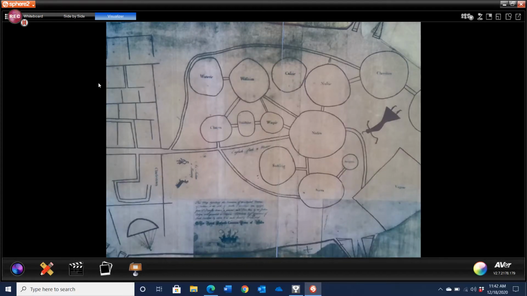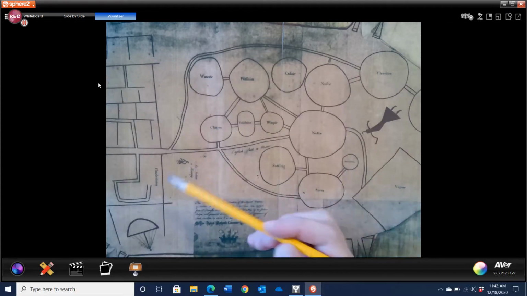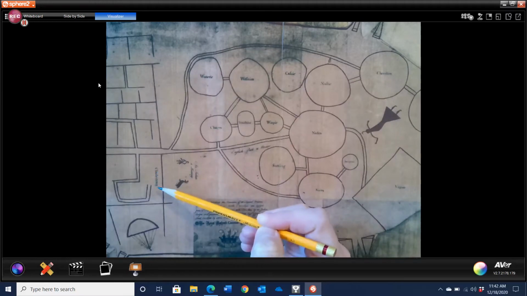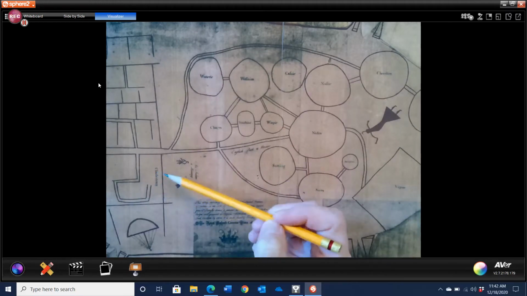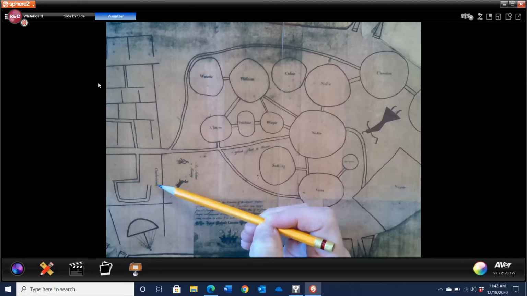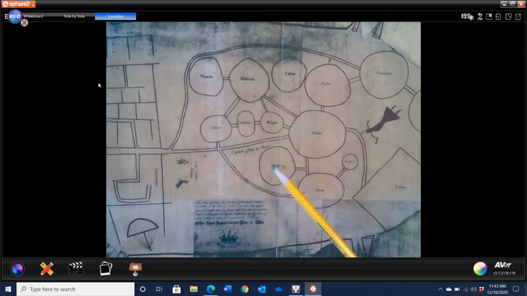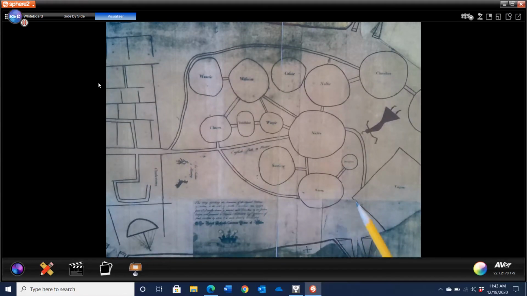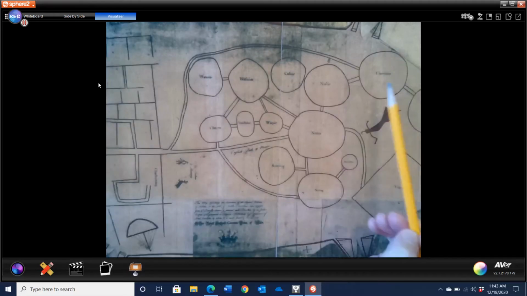So let's take a look at what we do see here. We see Charlestown, which is what it was called before the Revolutionary War. And then if we look at some other things, we see Virginia, located here. And then these are actually all names of different groups of native people, and when I first looked at it, I was not as familiar with all of these, but I could tell that this was the Cherokee.